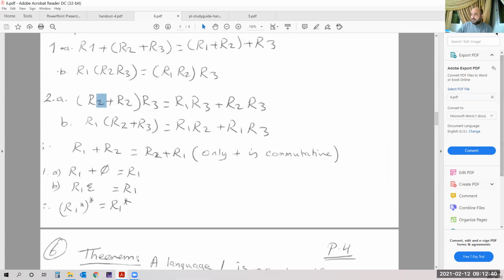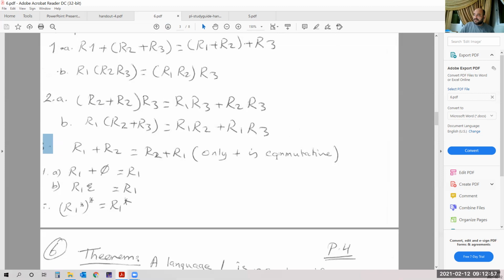So this is number 3: R1 plus R2 equals R2 plus R1.